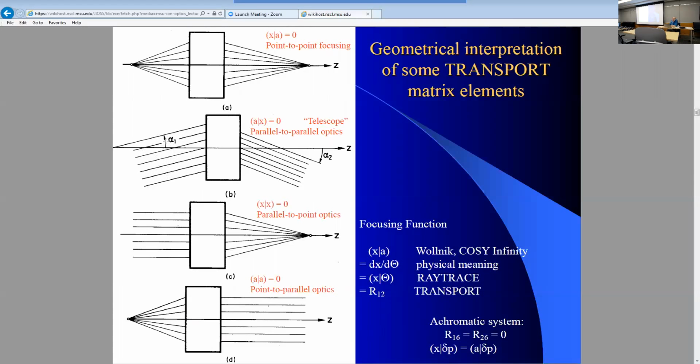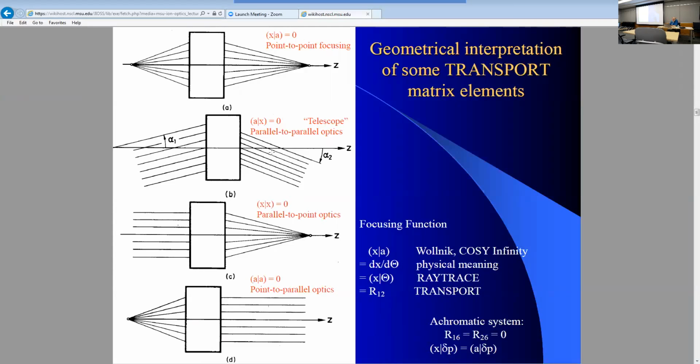And if the angle at the exit doesn't change, then you may get something like this. So the element R21, or the matrix element (a|x), equal to 0 means you have a telescope, so parallel-to-parallel optics. Sometimes you will hear parallel-to-parallel optics, but you have to understand it's a particular matrix element being 0 if you want to deal with that numerically, in ion optics.